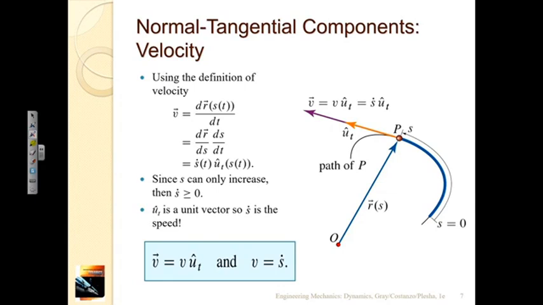If we start with velocity first, velocity in the tangential coordinate system is easy to define. It's just our velocity, and it's the direction that we're going. That's u hat t. In the tangential direction, all of our velocity is happening in the tangential direction.